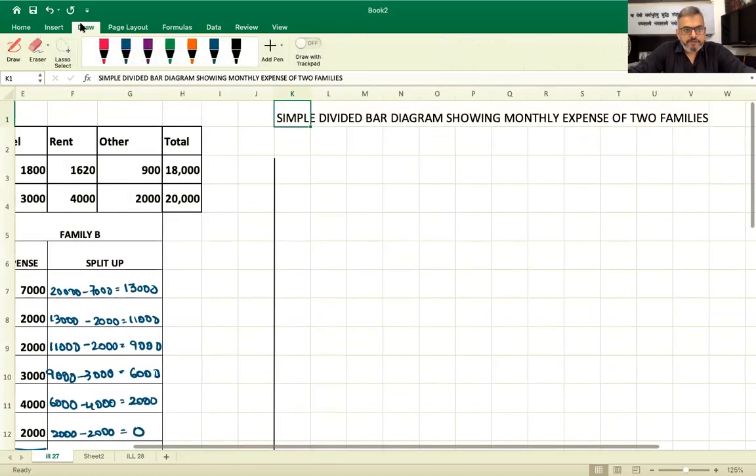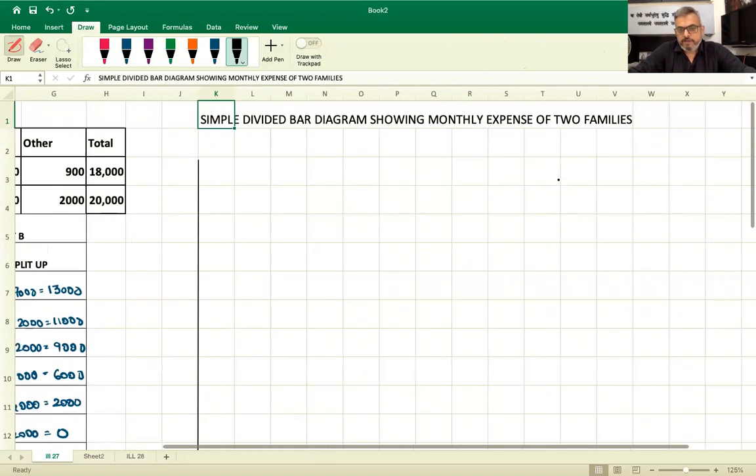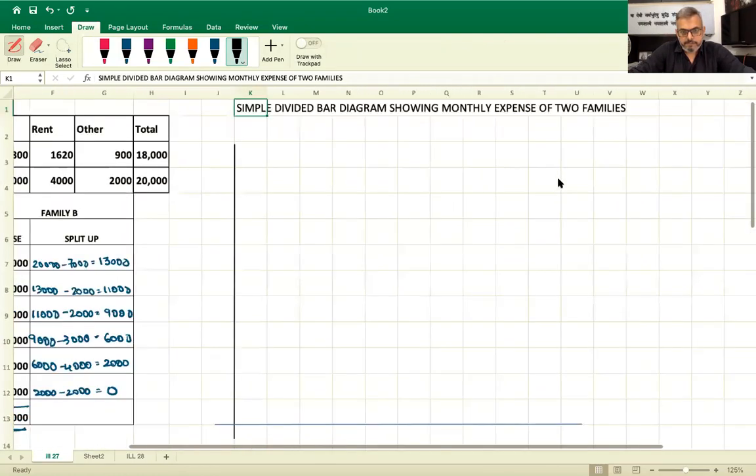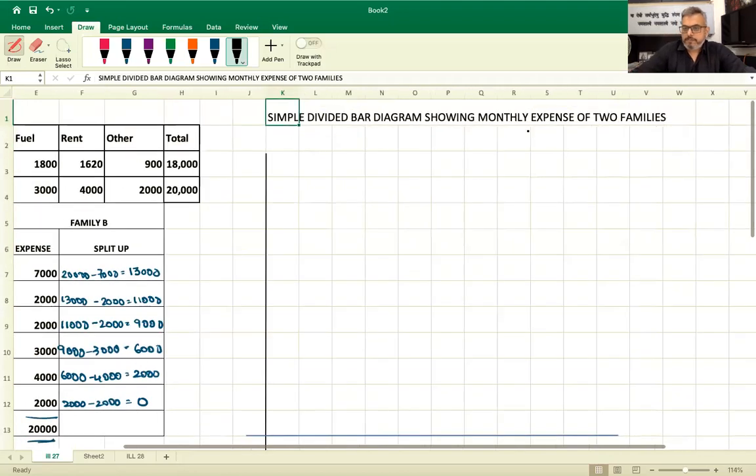Now, extremely important for us is the scale. Okay, so we write the scale. On x axis we will take family.